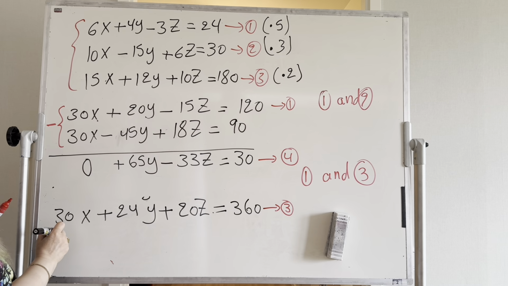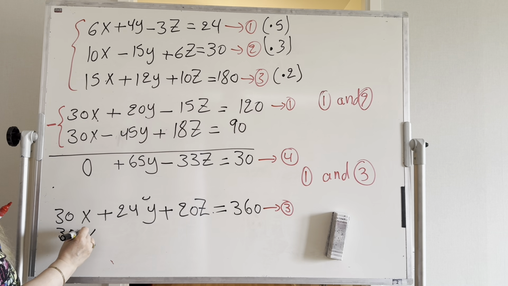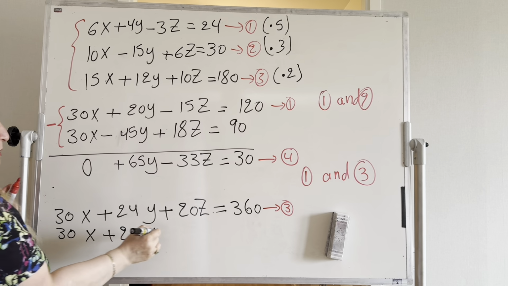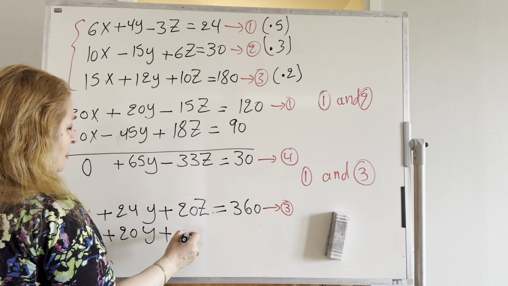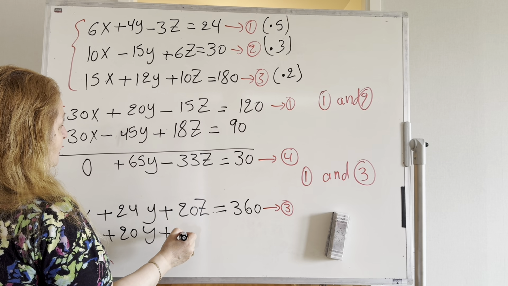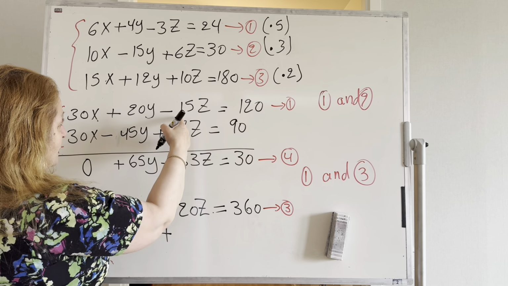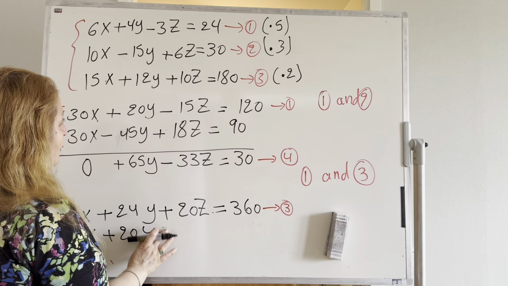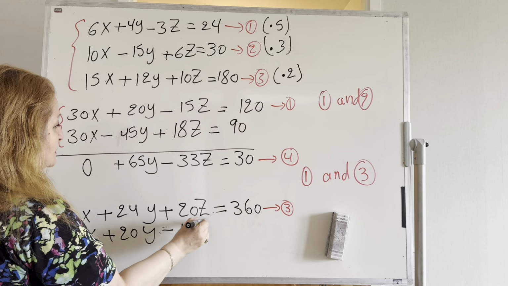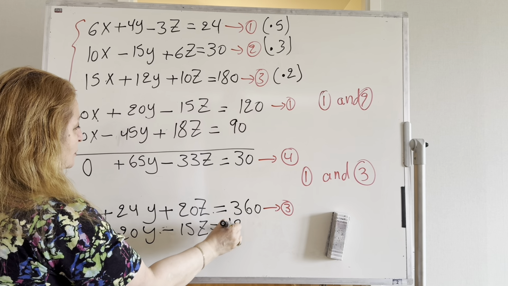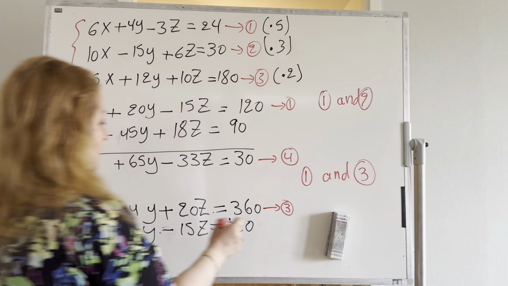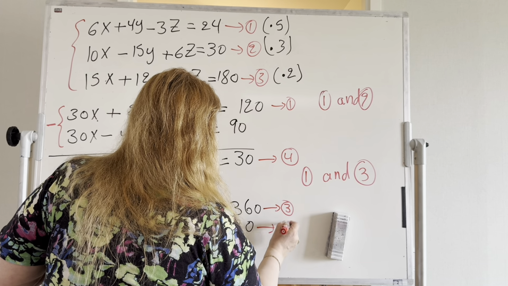This 30x plus 20y minus 15z equal 120, and this is the first equation after I multiply it with 5.